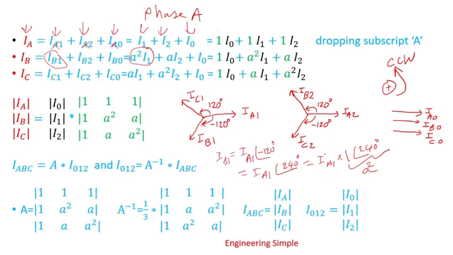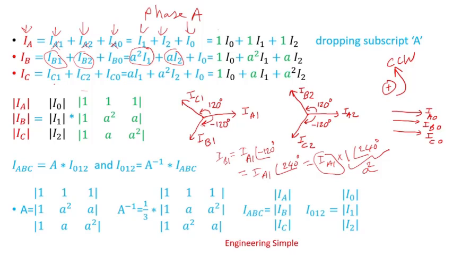So that's what I wrote here. And IA1 is just I1. So if you do the same thing for IB2, you're going to notice that it's operator A times I2. IB0 is equal to I0. So then I just separated these, highlighted in different colors: 1 times I0 plus A squared times I1 plus A times I2.